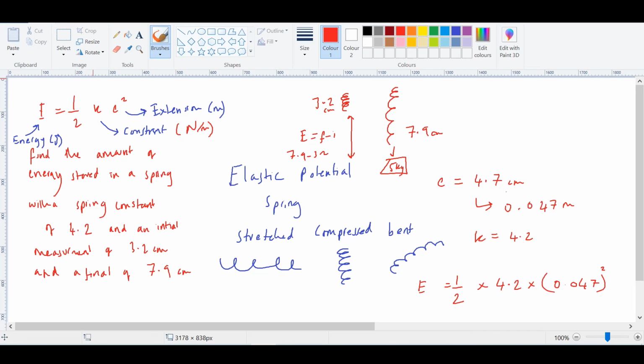I got 4.6389 times 10 to the power of minus 3. Yeah, same here. This is a very small spring, so there's never going to be so much energy stored. So 4.6389 times 10 to the power of minus 3, and the unit is joules.